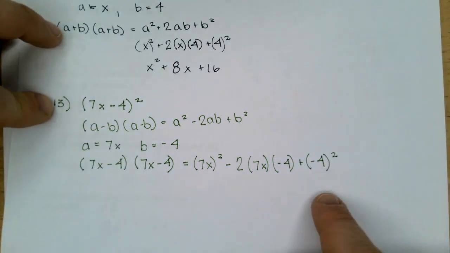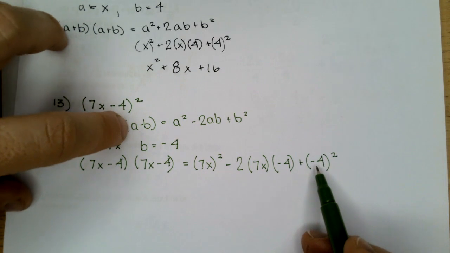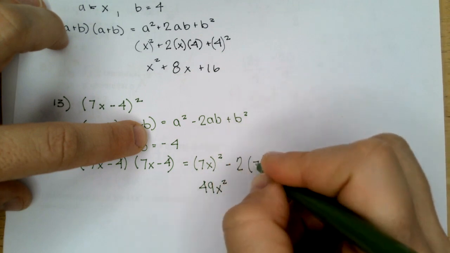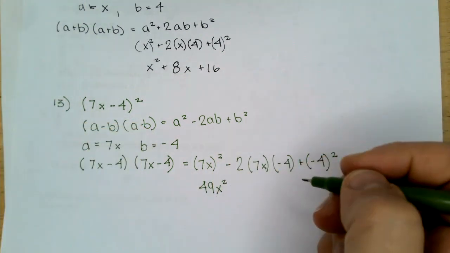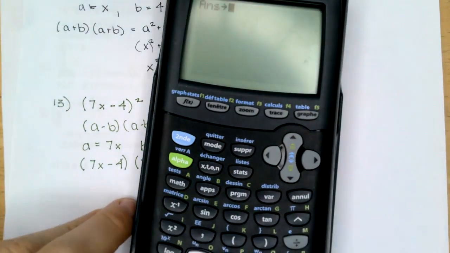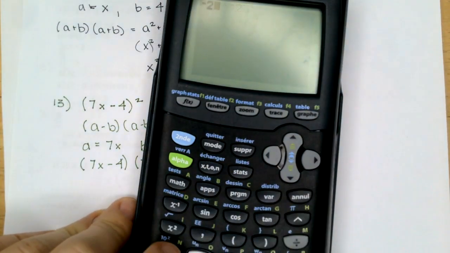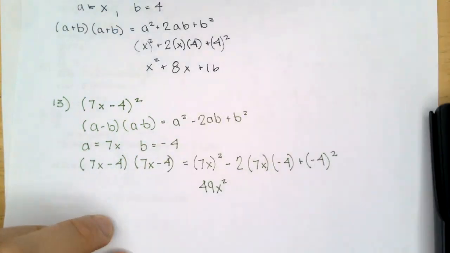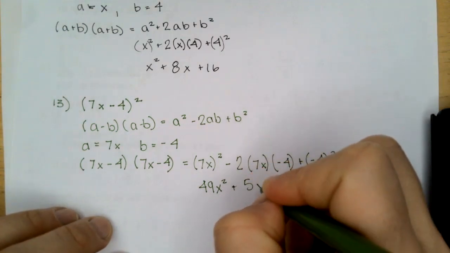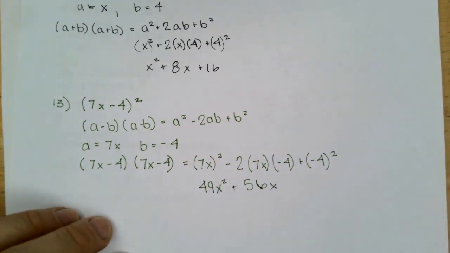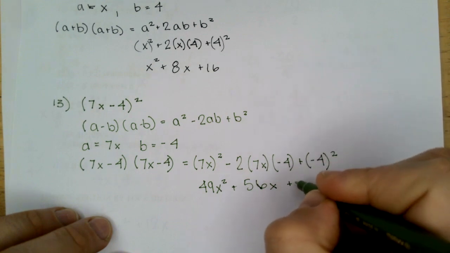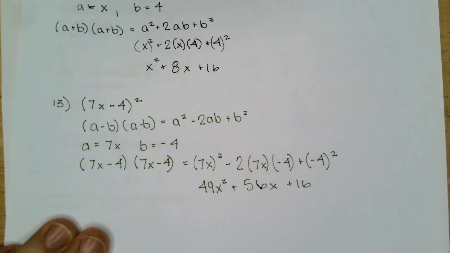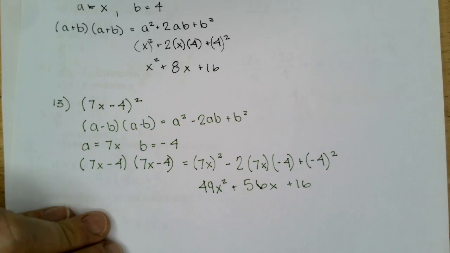So this time it actually is important, I think, to use the parentheses. 7 squared is 49, x squared is x squared, 2 times 7 is 14, -2 times 7 times -4 is going to be 56x, and -4 squared is a positive 16. So that's the answer I get using the special product formula.